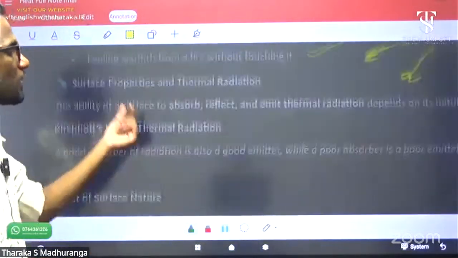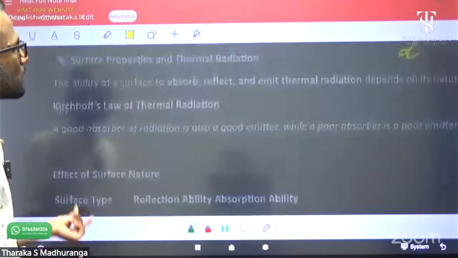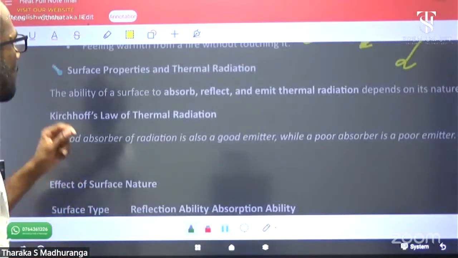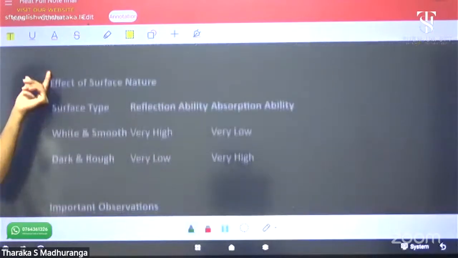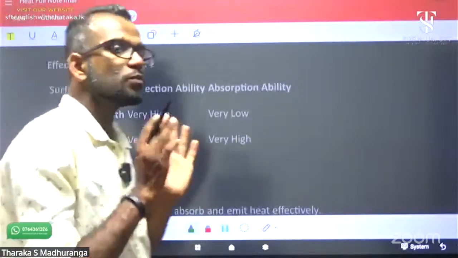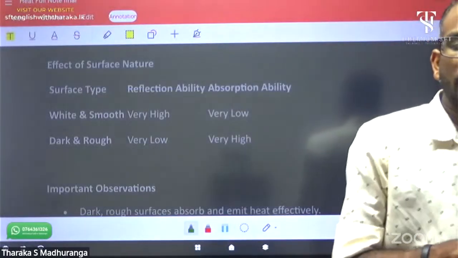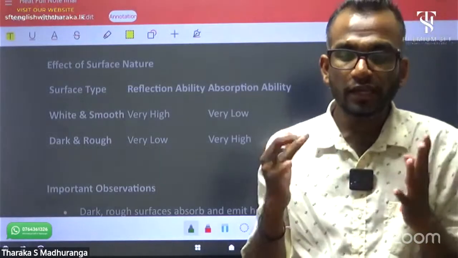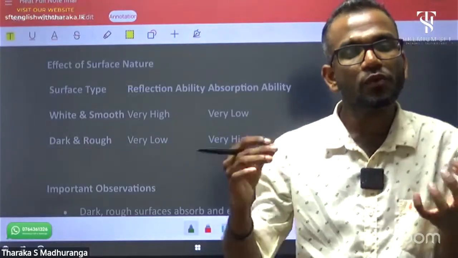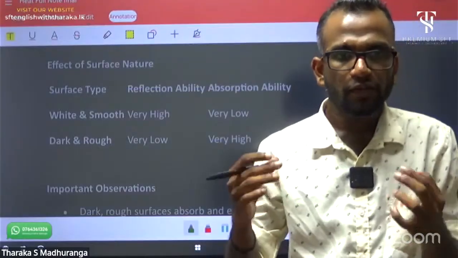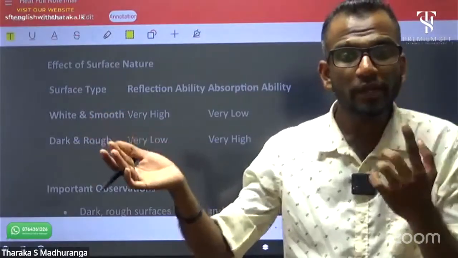And the other thing: if it is a smooth, white colored surface, it highly reflects electromagnetic waves. Highly reflectable means very low absorption. That's why school uniforms and test cricket uniforms are made in white.